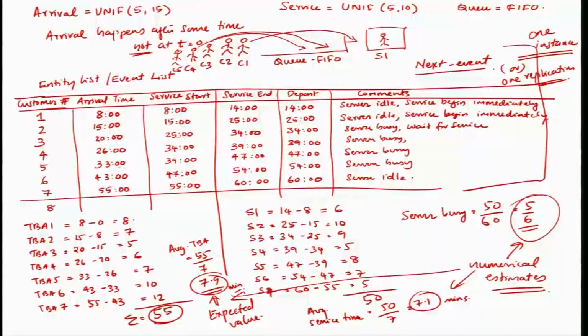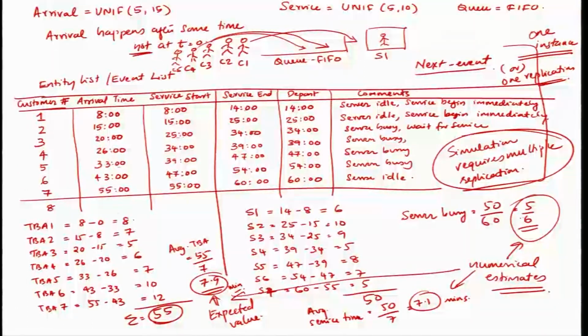Now, simulation requires multiple replications. You run the same model with a different set of random numbers many times, and in each case you will get a different average like this. The next average could be 7.6, the third average could be 8.4, and so on.